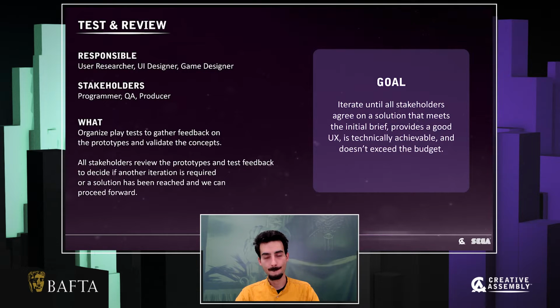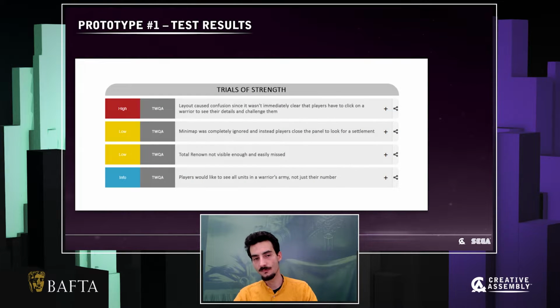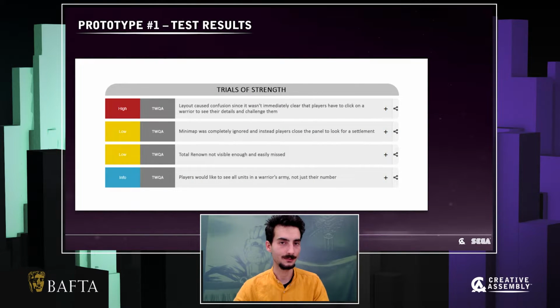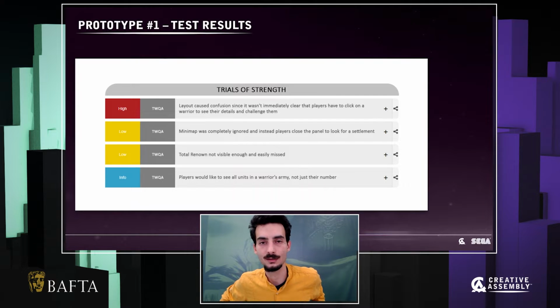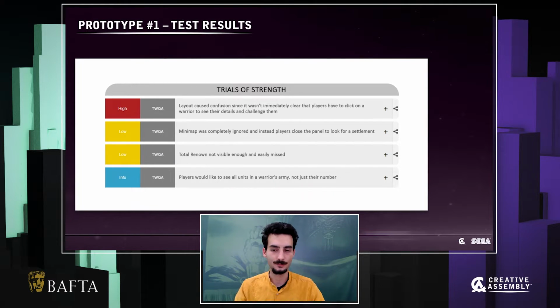And this is basically what a test result looks like, just to give you a little bit of an idea of it. So when we do the player tests internally, we end up with a report at the end that prioritizes the issues that have basically come out of the test, and also provides any additional info that we may not have considered.